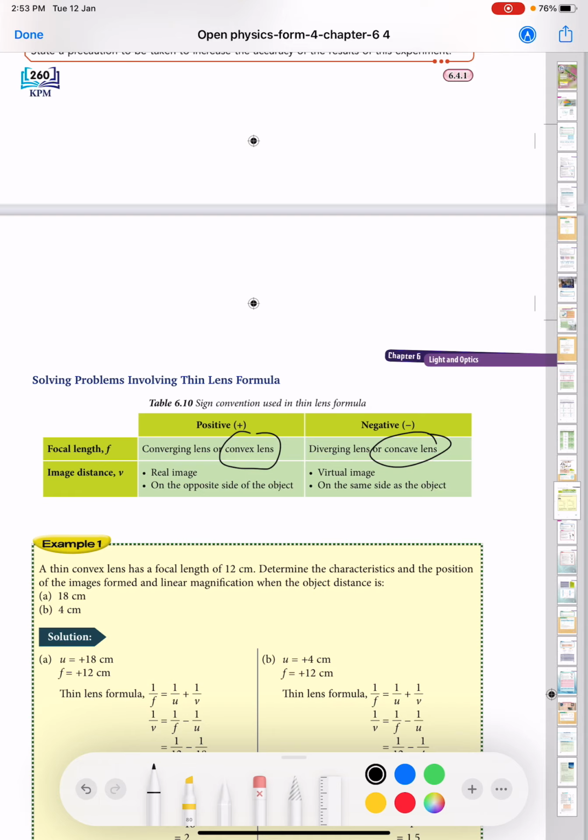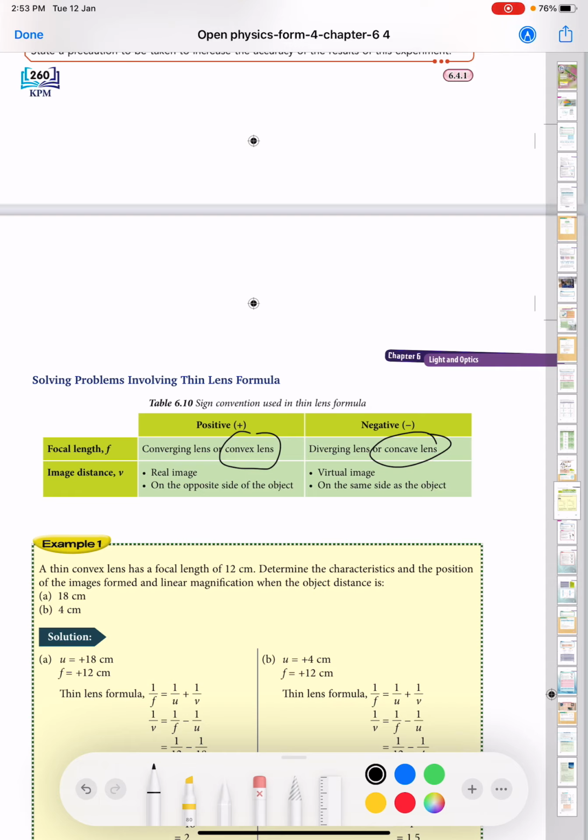The positive represents the convex lens and negative the concave lens. Which one is for which type of vision impairment, you can check on your own. Go and Google and explore the types of lens and the types of vision impairment.